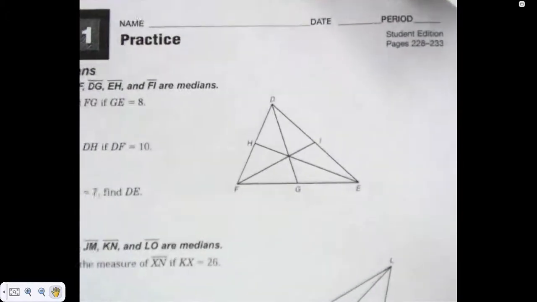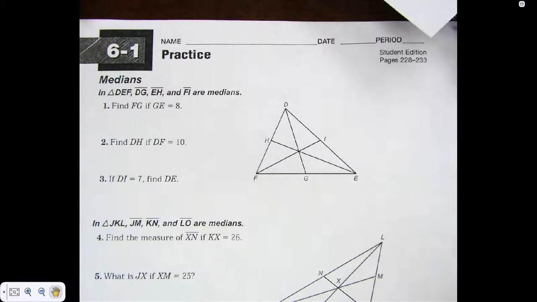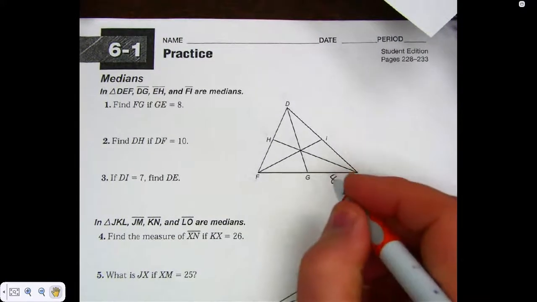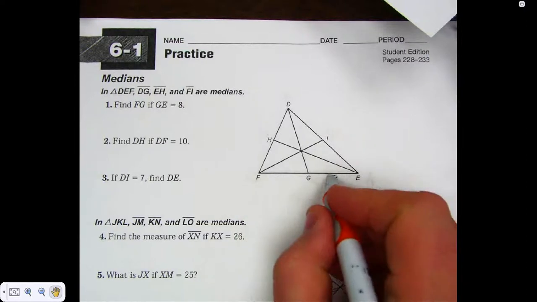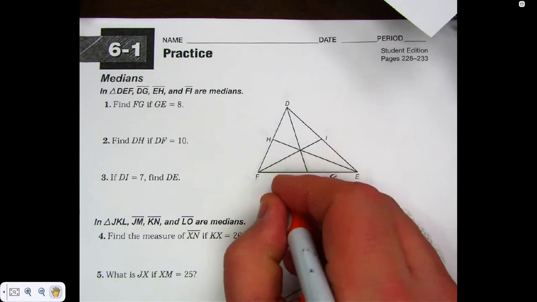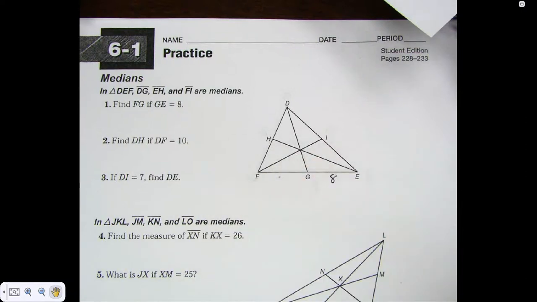And in fact, on this one, see if you guys can do those. Okay, in the first one, they say GE is 8. Well, if this is a centroid, they're all medians. So if this is 8, what's this one? We didn't really get into that.